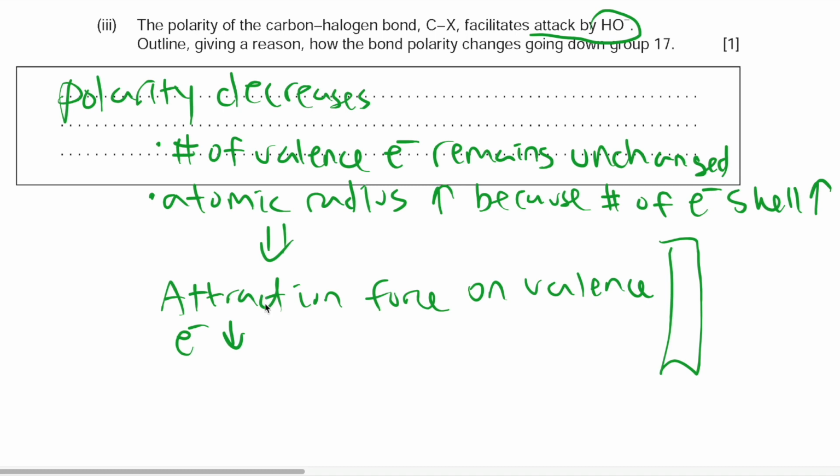Therefore, as you're going down group 7, the polarity decreases. And this is the answer for this problem. You can also use the data booklet and compare their polarity, compare their numerical value. This method is accepted by the markscheme as well.